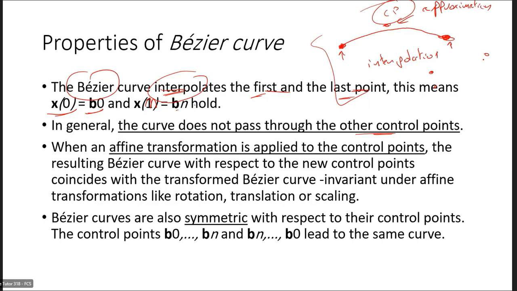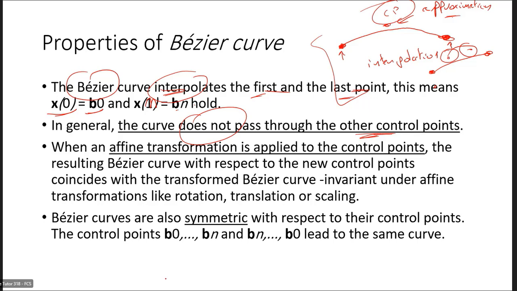The curve passes through the first and the last point, and for the 2 control points we are making approximation and not interpolation. That is, we will interpolate just the first and the last point, and the curve doesn't pass through the other control points.